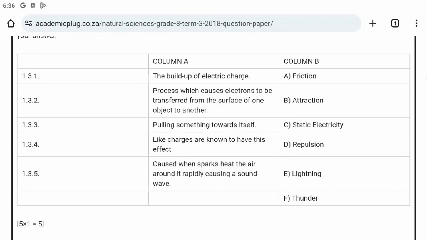With EMS questions, you can at least make sense of the keywords, but when it comes to natural sciences and technology, it's very hard to just use keywords because these questions are definitions. They have specific definitions, which require you as a student to have read it somewhere, either from the notes. So that's why it's important to have the notes.